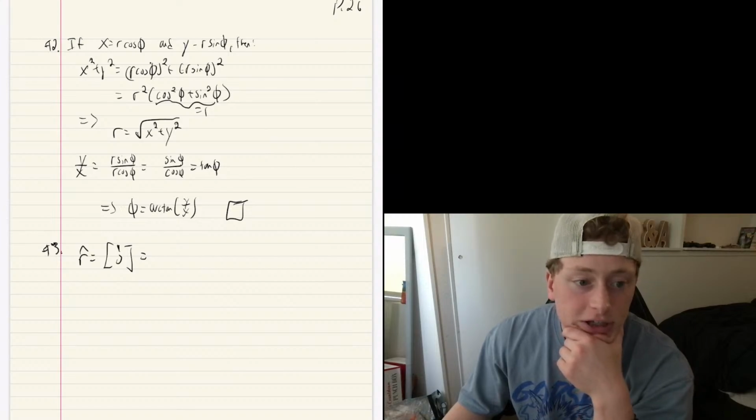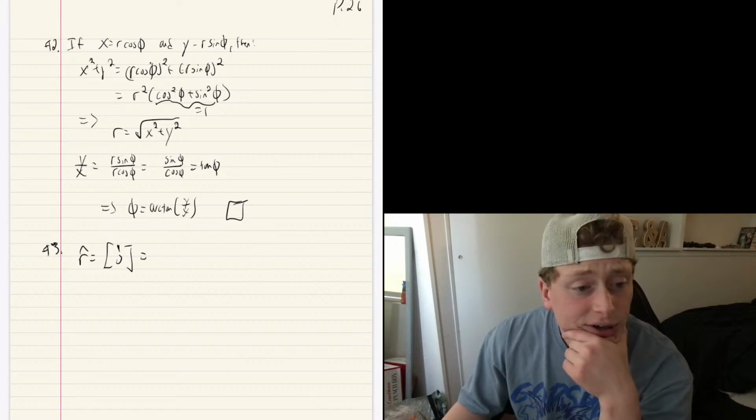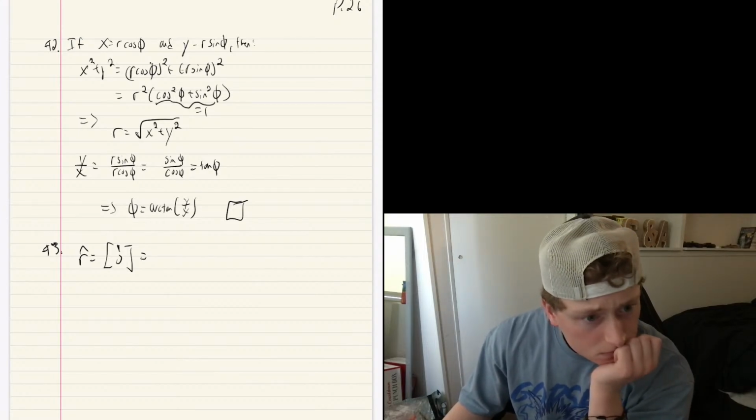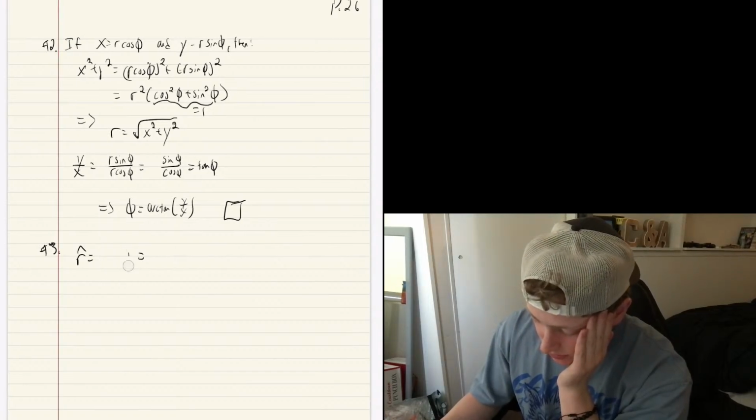I mean, obviously, intuitively it makes sense, but I cannot figure out how to express this as a matrix, and I don't know why. Maybe I should just not express this as a matrix, but okay.